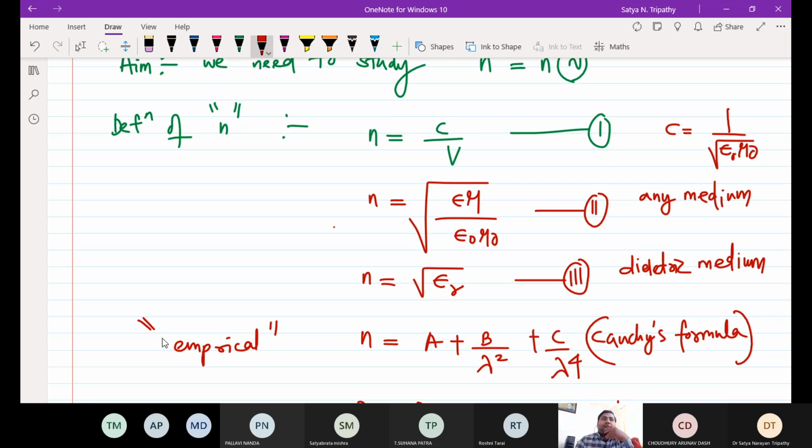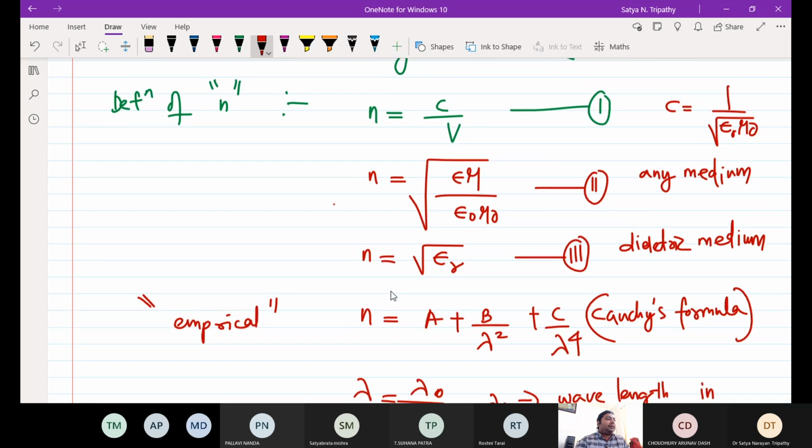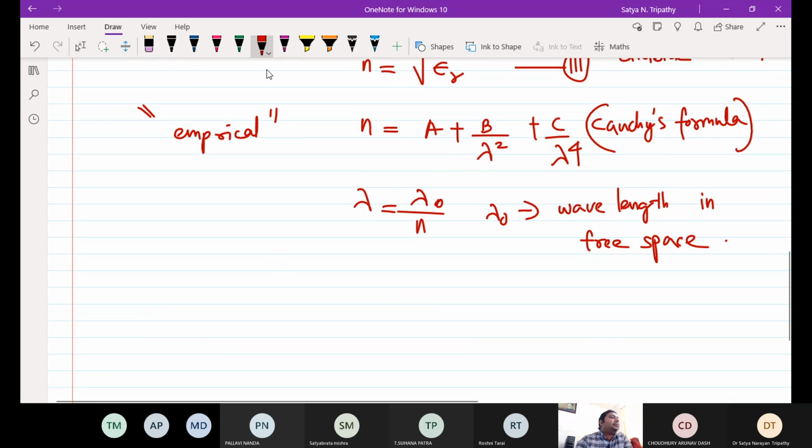Now the major thing is we need to study the variation of refractive index as a function of frequency. So what actually happens? Okay, this is a very important concept. When an electromagnetic wave travels in a medium, different waves travel with different speeds.